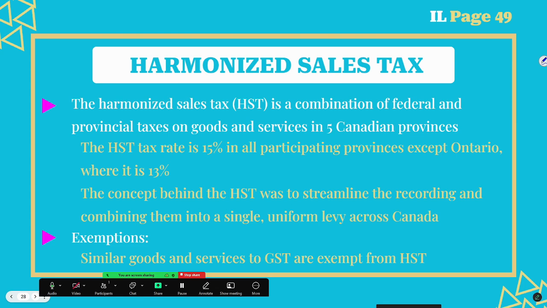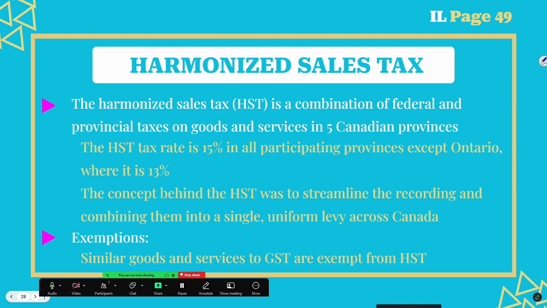We are 13%. Now the concept behind HST was to streamline the recording and combining them into a single uniform levy across Canada. Rather than first breaking up the GST and then breaking up the PST, it was let's just combine it, make it easy, streamline it.